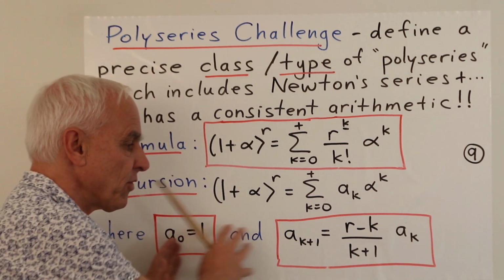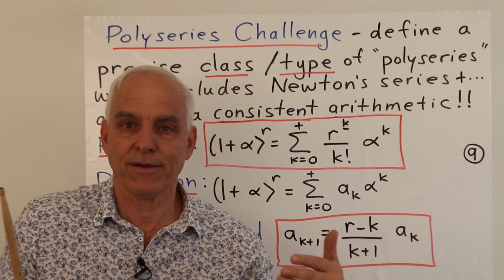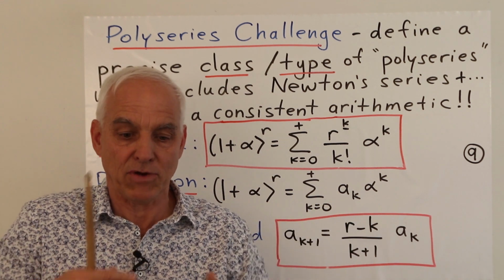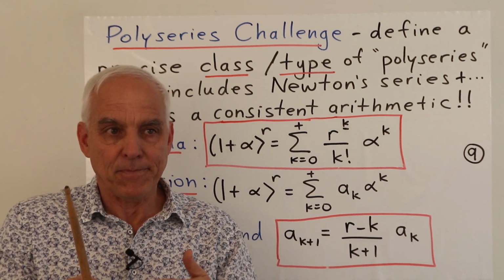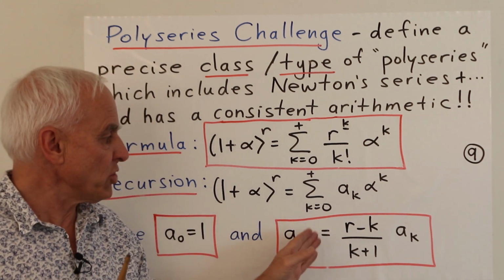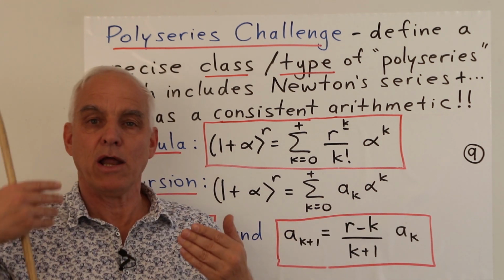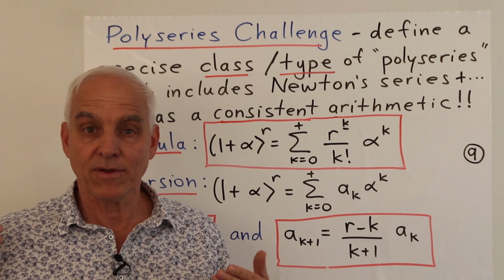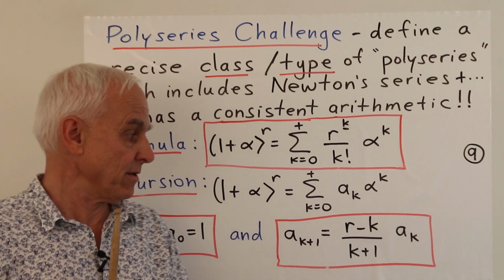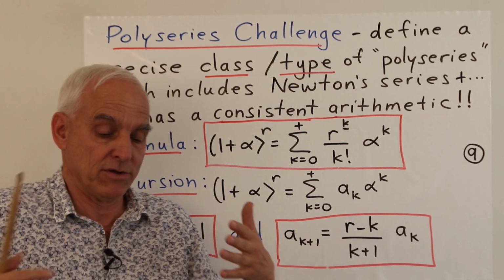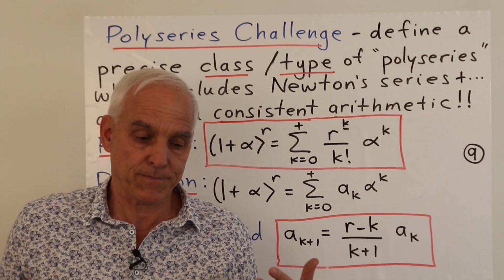So that connects with the world of recursion, like computer scientists, a recursive way of conjuring up these coefficients depending on previous coefficients that have been created. In this case, just the previous one, but we could consider more complicated recursions.